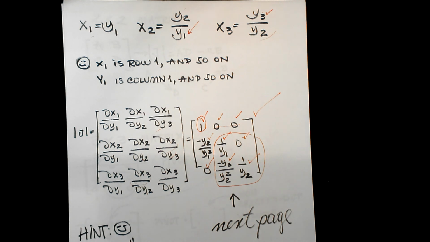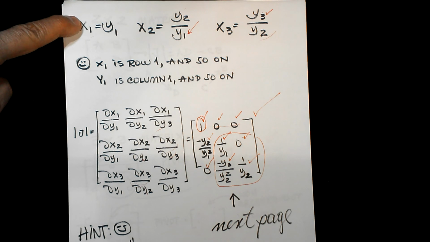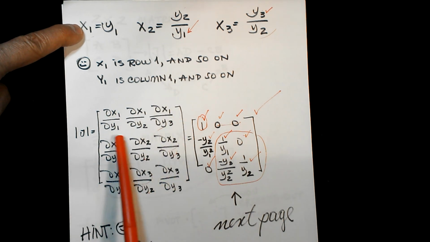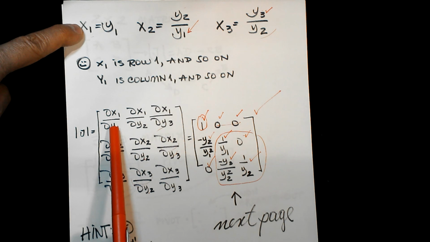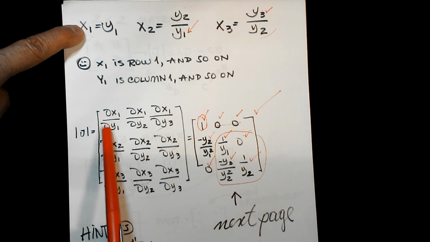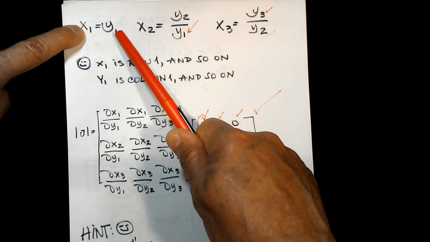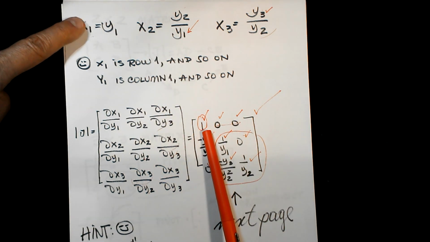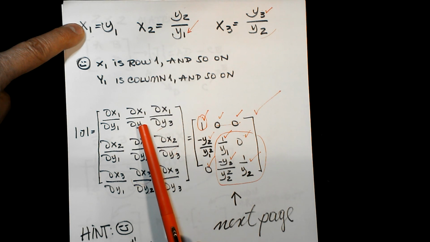Here's the process I mentioned in video number 1. Put your finger here and keep it here until you're done with the entire row. So row 1, we are doing this function over y1. The derivative of y1 is number 1. Got it there. Keep your finger there. Move to the second.